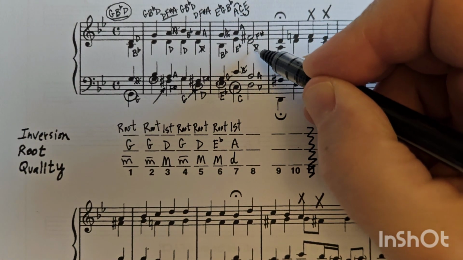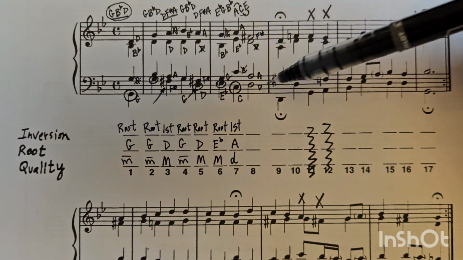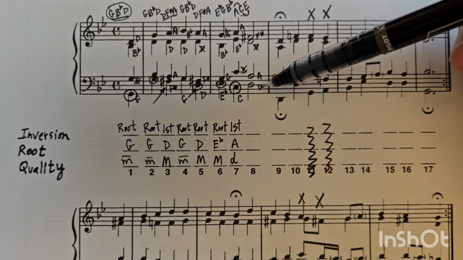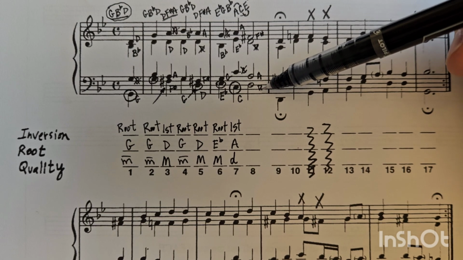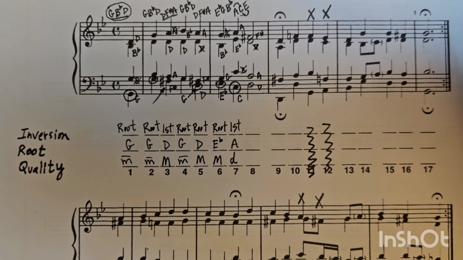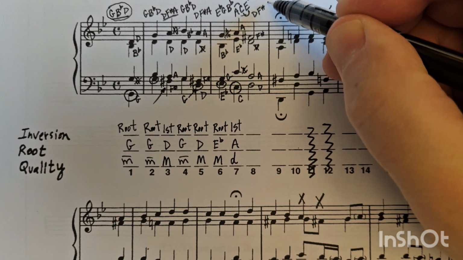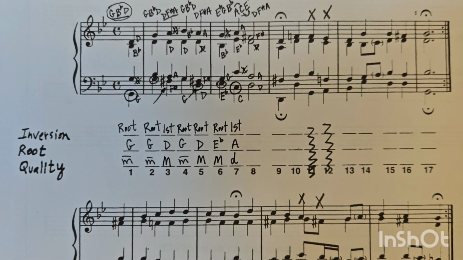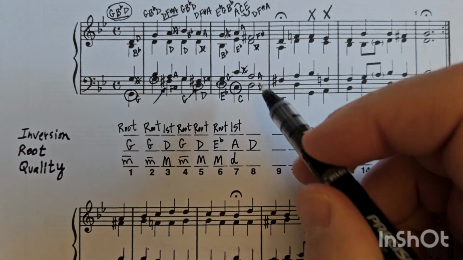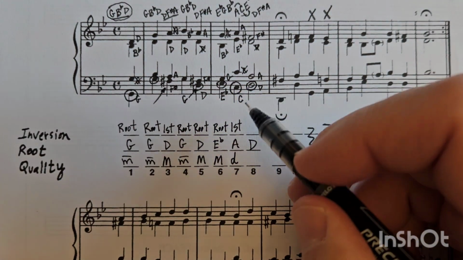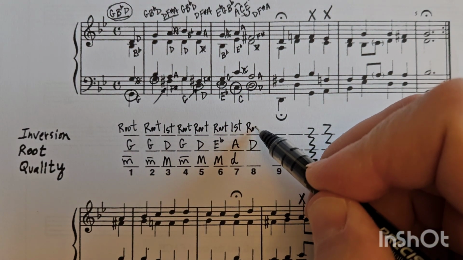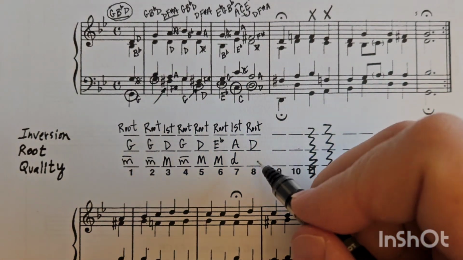So again, ignore one of the Ds. Take the three notes and put them so they're a third apart from one another, D, A, and F sharp. And that would be D, F sharp, and A. So the root is D. The D is also the bass note, so that means it's in root position. And the quality, major.